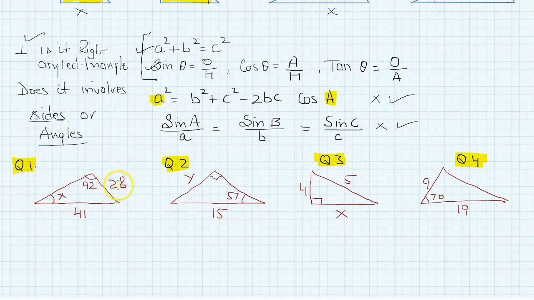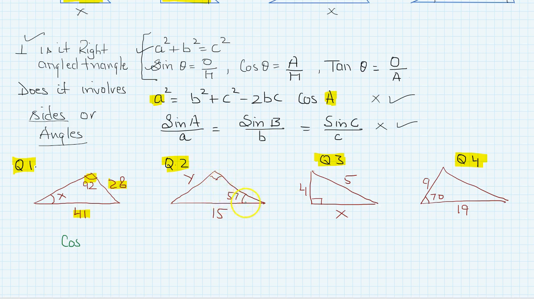In this question, the two sides are given, and the angle between them is given. So here we know that if sides are given and the angle between them is given and we have to find the other dimensions, we are going to use the cos rule. Now second, is it a right angle triangle? Yes. Does it involve angles?